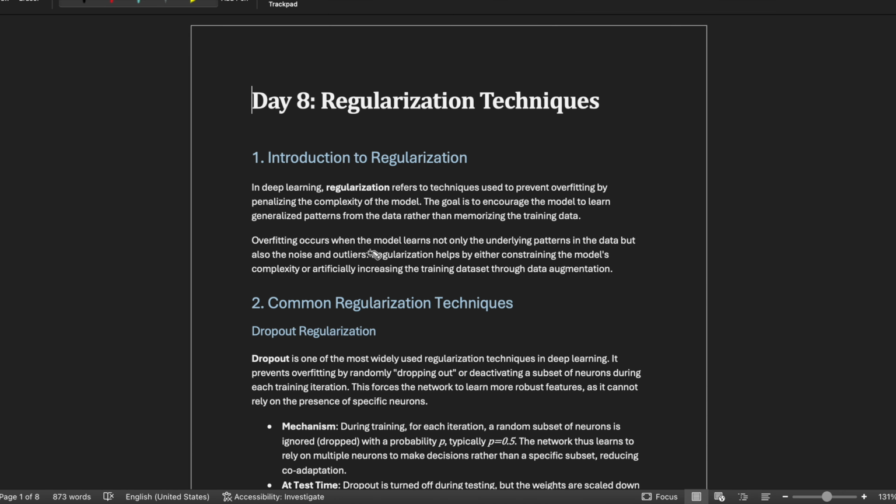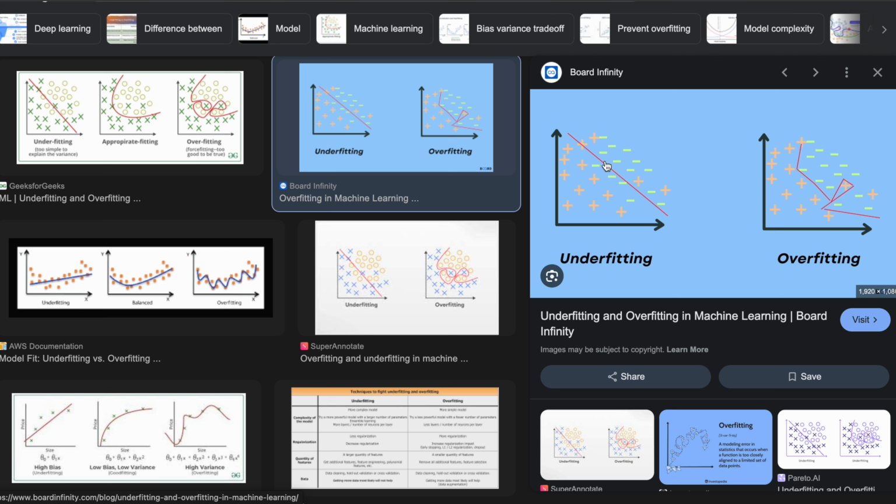It is not trying to understand the hidden pattern behind it. That's why we can say that the model is overfitting. If you look at this one, it is underfitting because the model is not trying to learn anything. So we basically have to get a balance between overfitting and underfitting. We will be looking at why a model overfits, and to avoid overfitting and underfitting, we use regularization techniques. This is the key reason behind it.